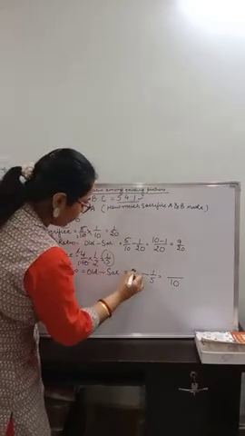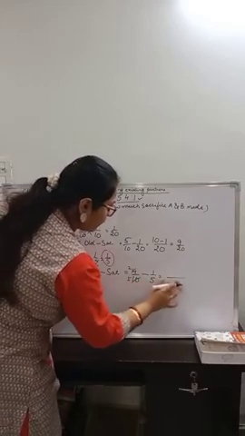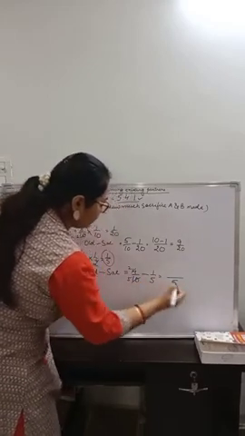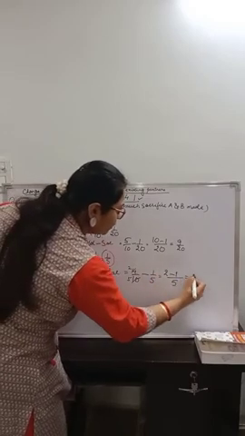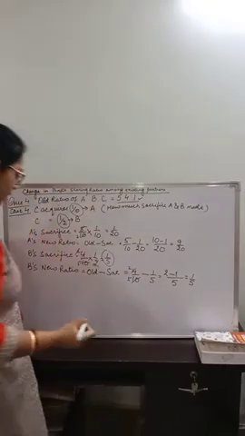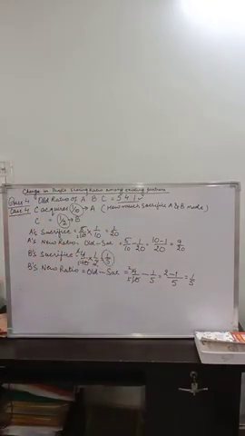Or you can simplify this and write directly: 5 1s are 5, 2 minus 1 is 1. So B's new ratio is 1 by 5, or 2 by 10, whatever you call it.